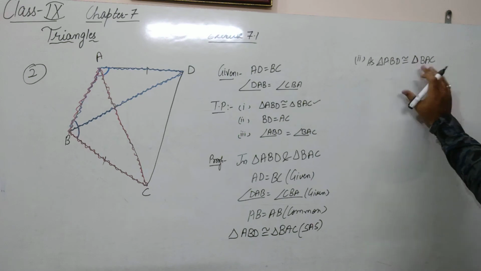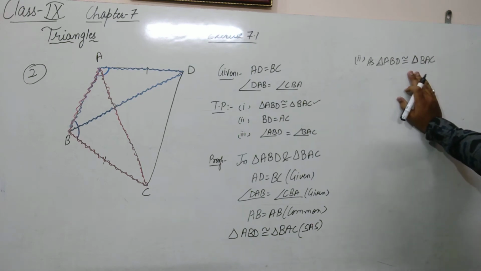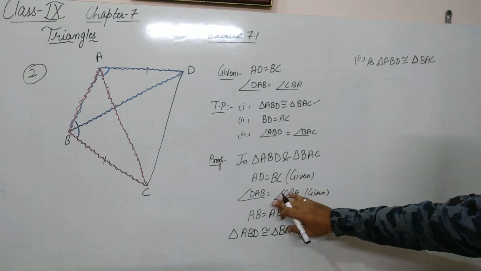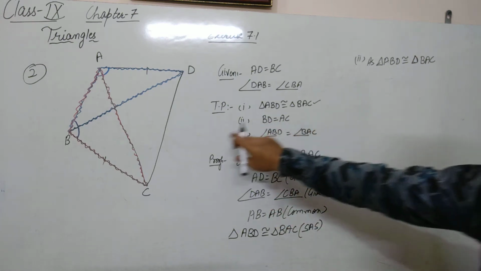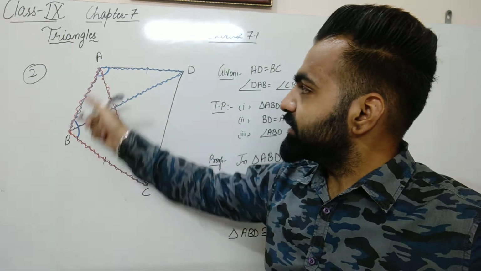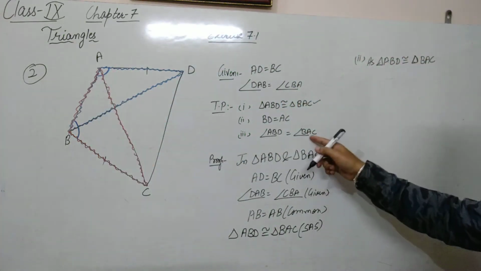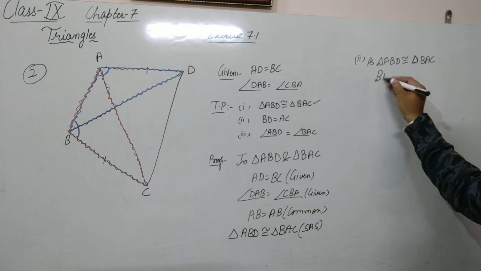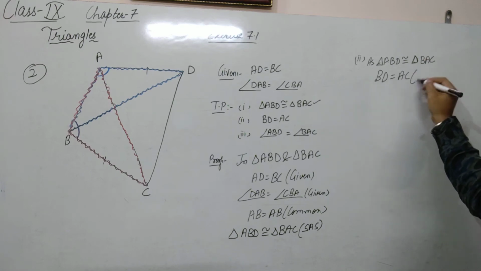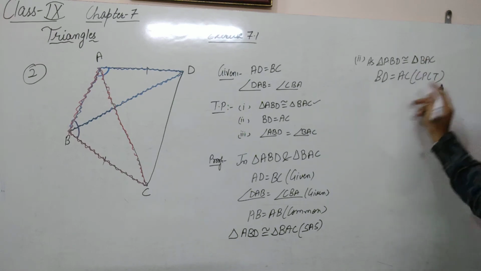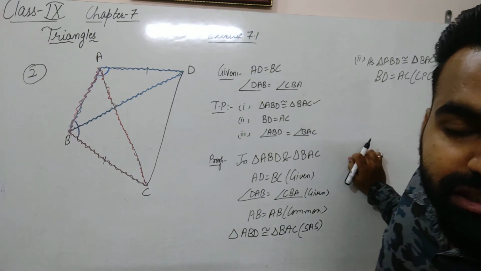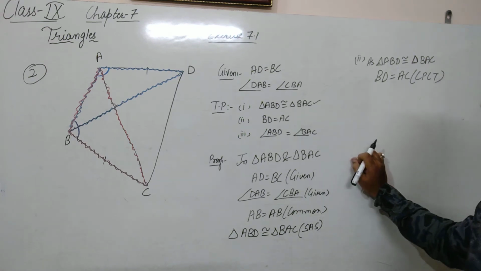So we have proved that these two triangles are congruent. Now we can see that BD is a part of triangle ABD. This is the part BD here, and AC is the part of triangle BAC. So we can write BD equal to AC by CPCT. Congruent, corresponding parts of congruent triangles.